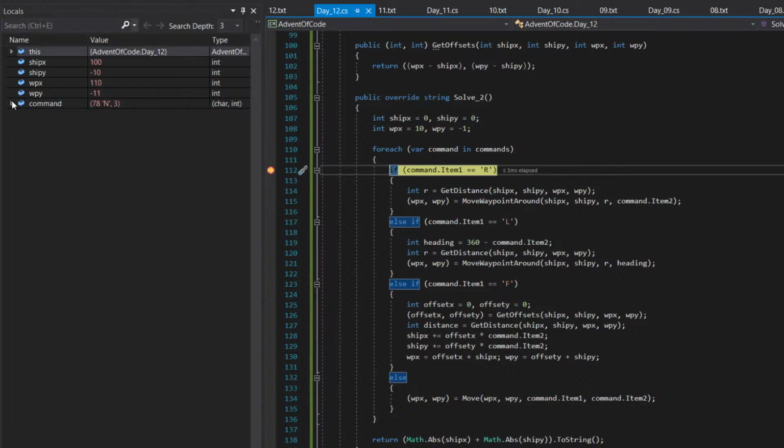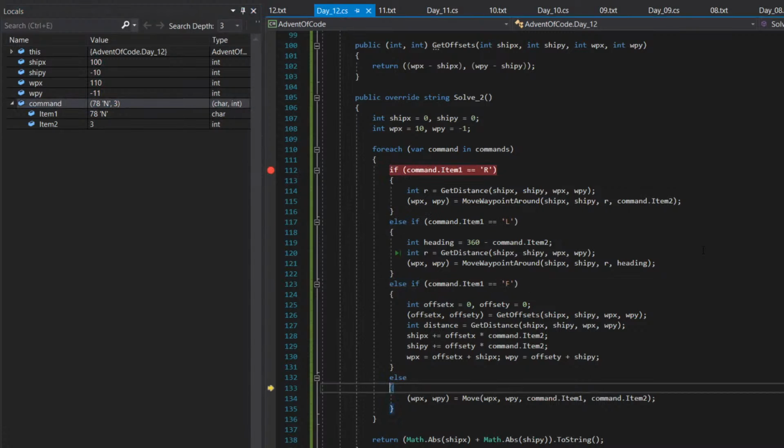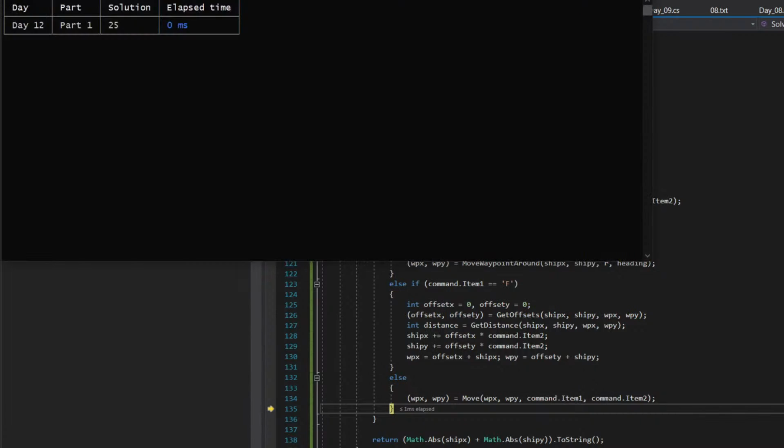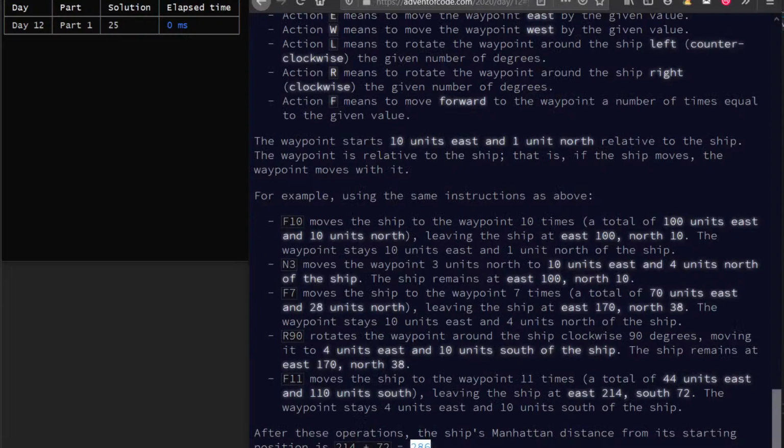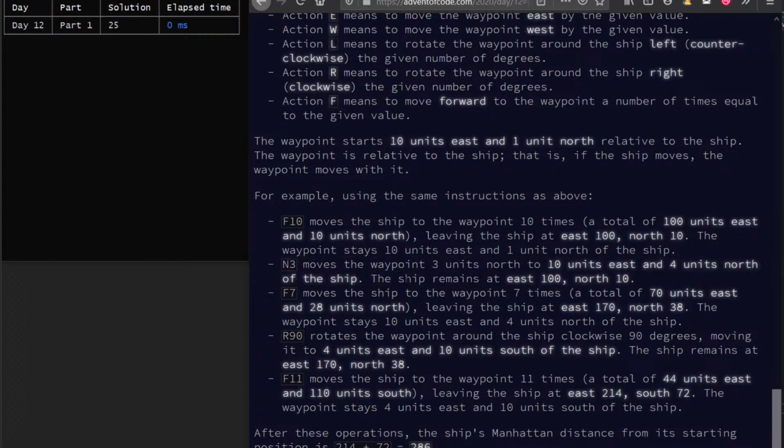This is north. We're going to move the waypoint north. So the new waypoint is at 110 and -14. The ship remains at this position.